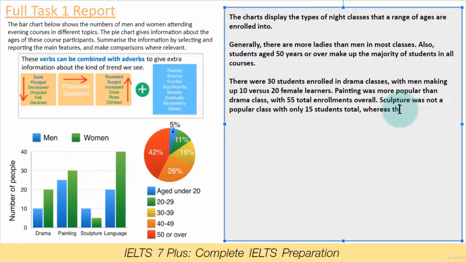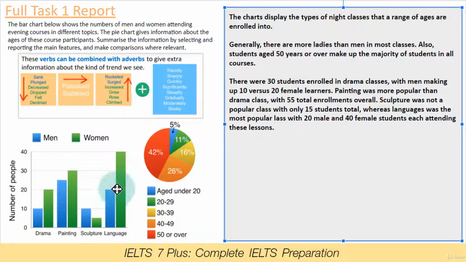Whereas languages was the most popular class, with 20 male and, we'll just use with 20 male and 40 female students each attending these lessons.